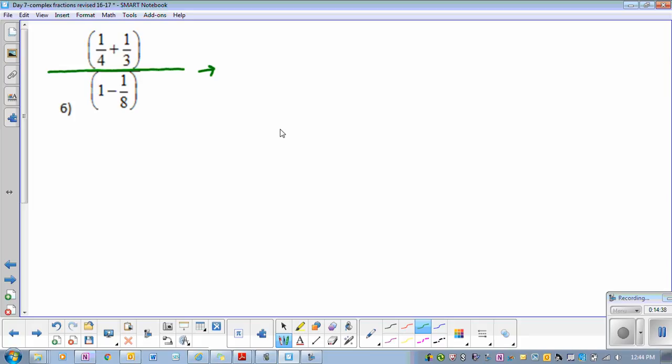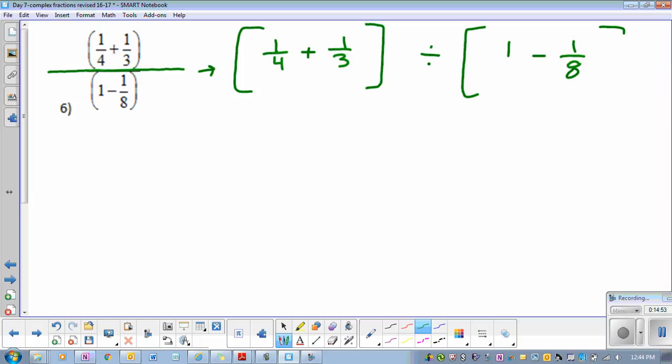So if I take this first part here, 1/4 plus 1/3 divided by 1 minus 1/8. See how I just wrote it out the long way?